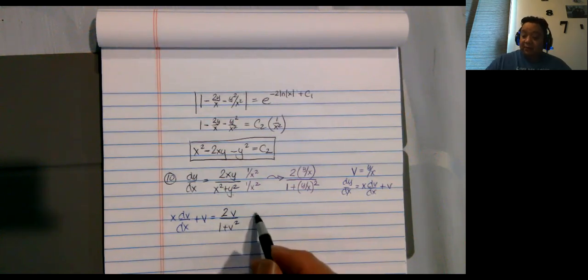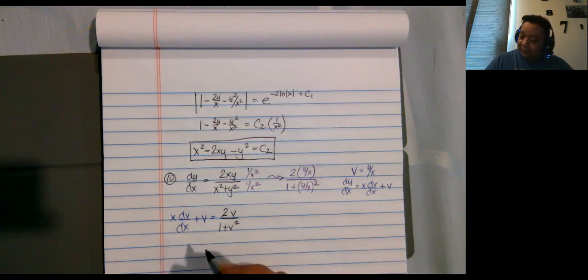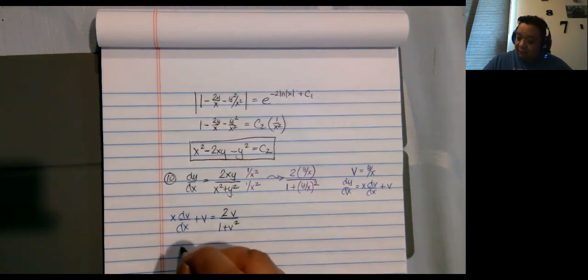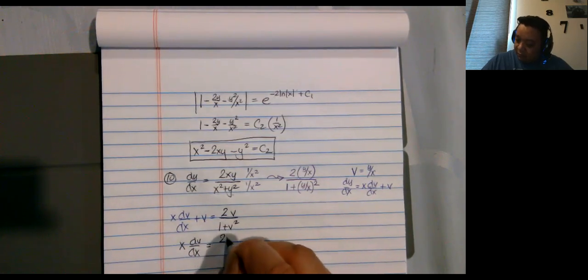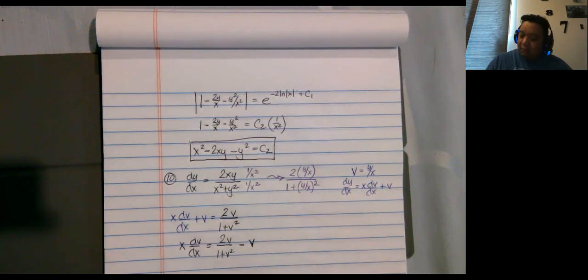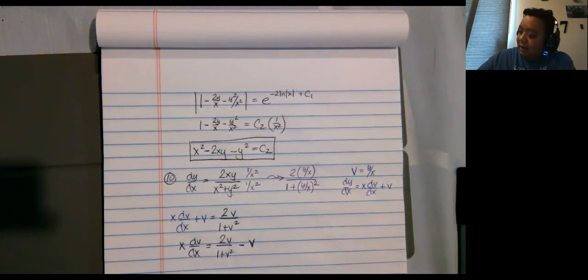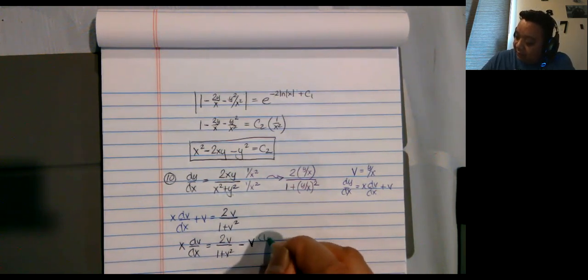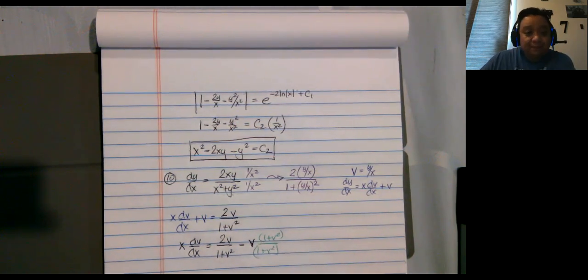And then move the v over. And then again, multiply by the LCD, which is 1 plus v squared, top and bottom.